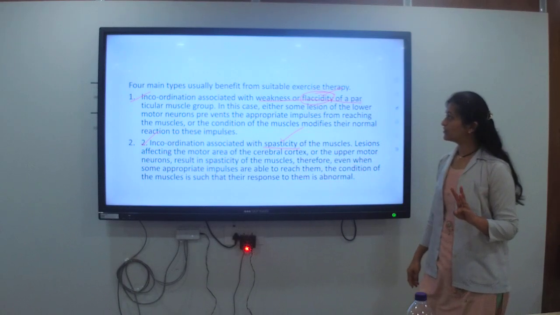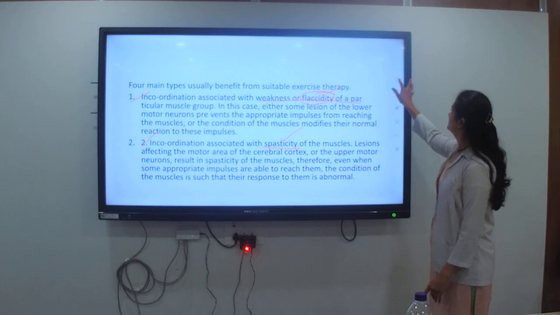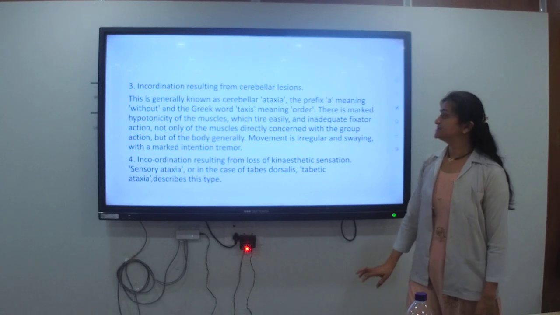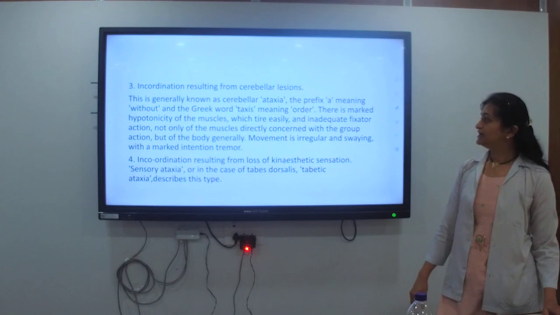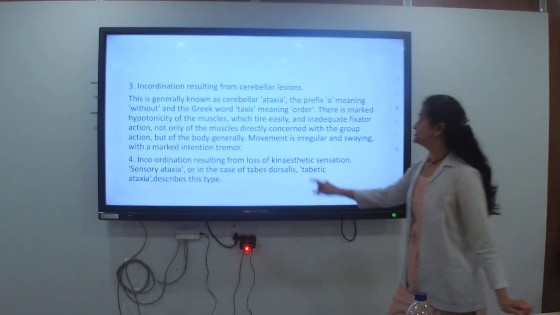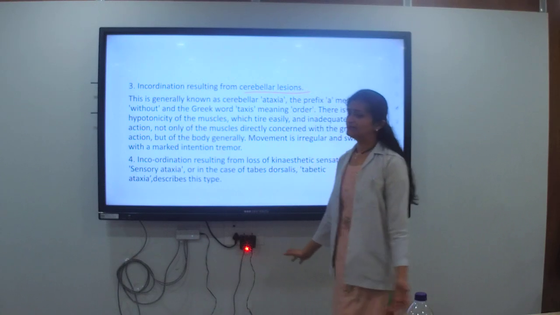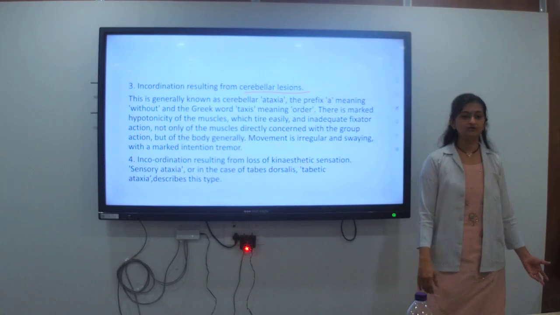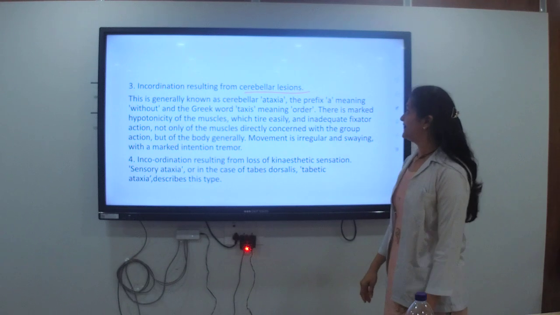Now what is the third example where you can see incoordination? Incoordination resulting from cerebellar lesions. Whenever there is any lesion to the cerebellum, that will definitely lead to incoordination. This is generally known as cerebellar ataxia.